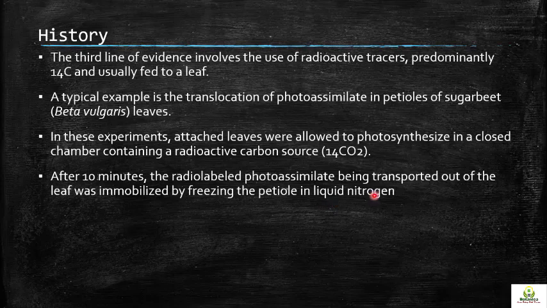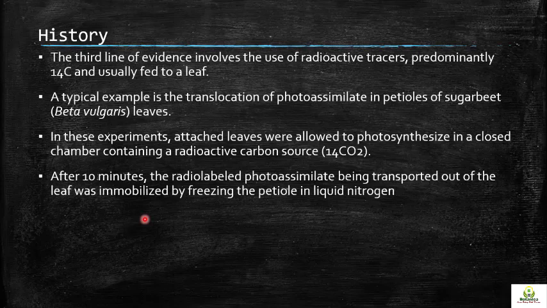Whenever we put any plant organ in liquid nitrogen, it is quickly frozen. So the photoassimilate formed during photosynthesis by the Calvin cycle was immobilized, or restricted from mobilization.